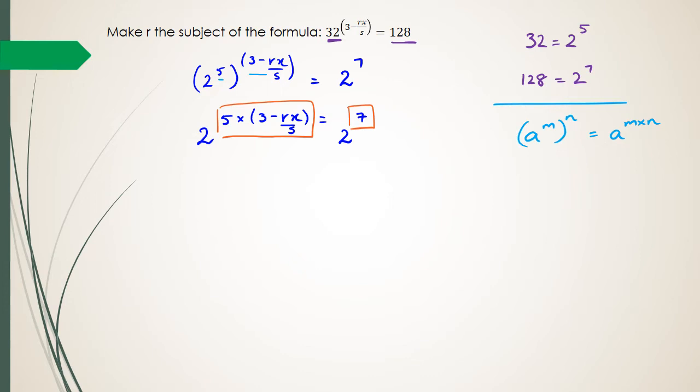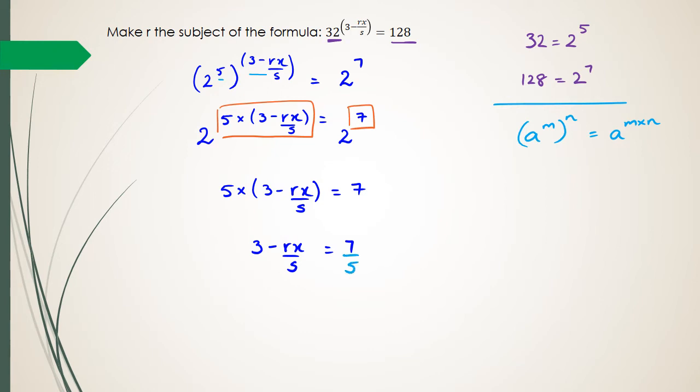So if that's the case, 5 times 3 minus Rx over S is equal to 7. Now remember that we want to have R by itself. The first thing I'm going to do is get rid of the 5, and I'm going to rewrite this as 3 minus Rx over S equals 7 divided by 5.